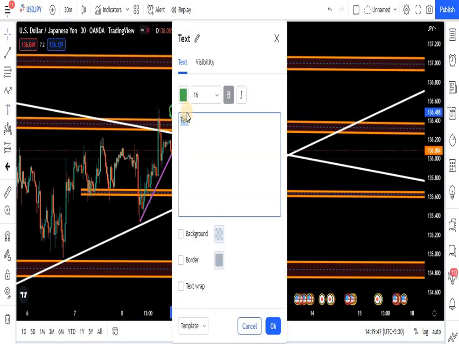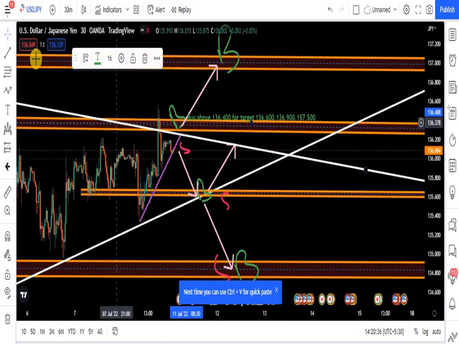First, buy at 136.400, for targets 136.600, 136.900 or 137.500. This is after the market opens on Monday.